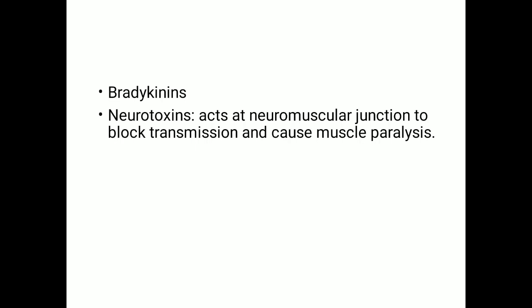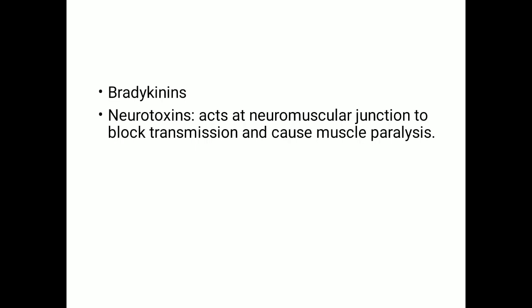So this is about the composition of the venom. It has proteolytic enzymes, hyaluronidases, bradykinins, myocardial depressants, and neurotoxins. Many constituents are present in a venom, and a few of the toxins will predominate in certain snakes.